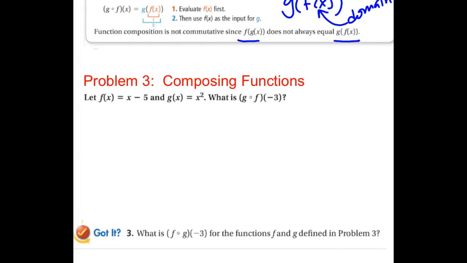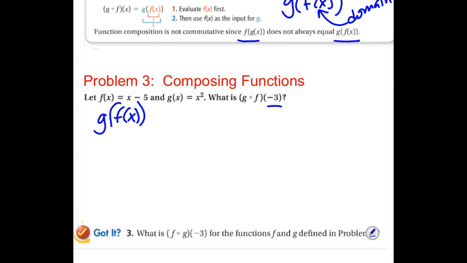It's asking me to find g of f of negative 3. When we do g of f of x, we still are going to have some kind of function with x's in it. This is saying we actually know what we want x to be.